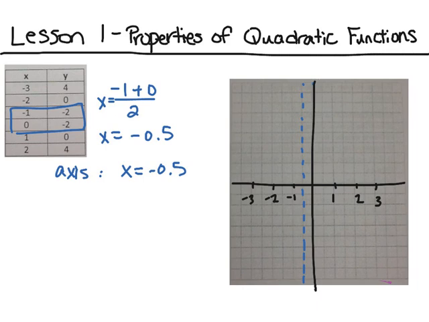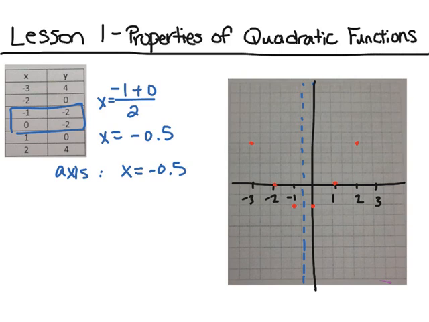So -3 is at 4. -2 is at 0. -1 is at -2. 0 is at -2. 1 is at 0. 2 is at 4. So it looks like our vertex goes to about probably somewhere in there. So here's our parabola.